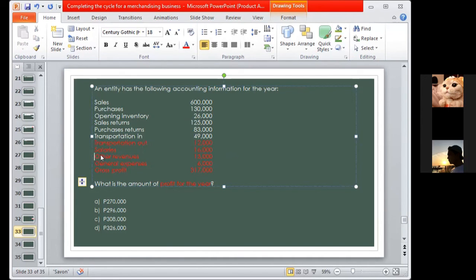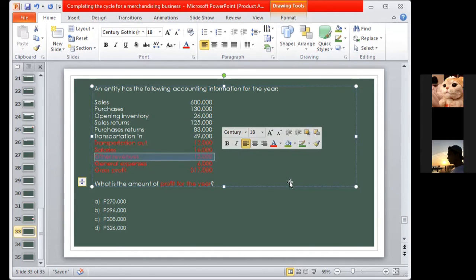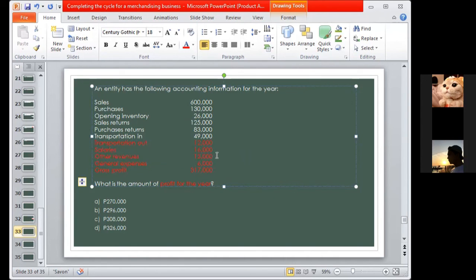Ngayon, nakikita mo ito. Babawas ba yan sa gross profit? Add po. Yun, dito ka nagkamali. Kaya ang mangyayari dapat, gross profit less itong mga expenses and then i-add mo na lang itong other revenue.